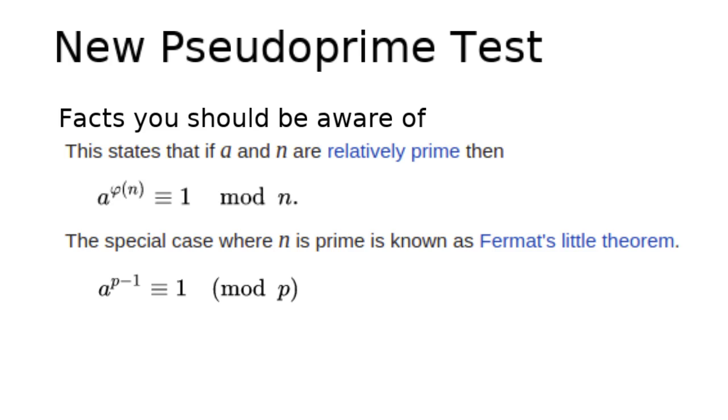This is Euler's function, and a special case of it when n is prime, it's the Fermat-Little theorem. Those are going to play a key role in this new pseudoprime test. So if you don't know about these, check them out, read up on them.